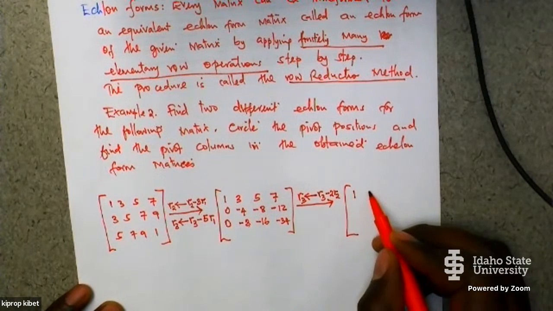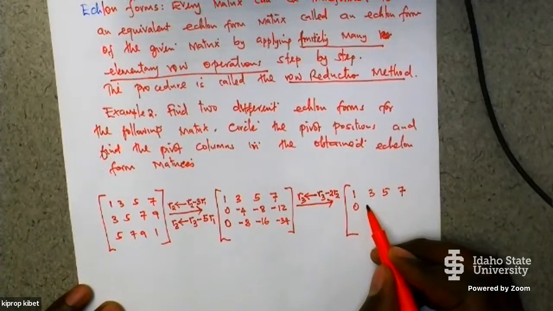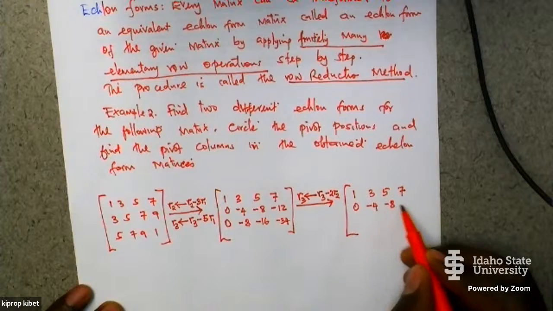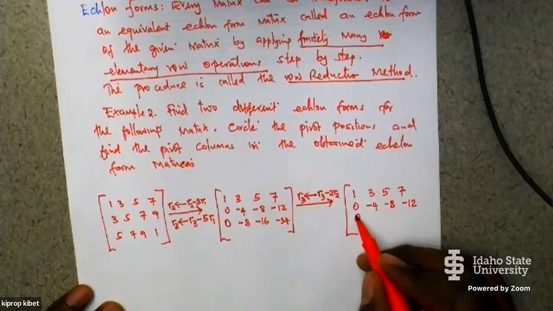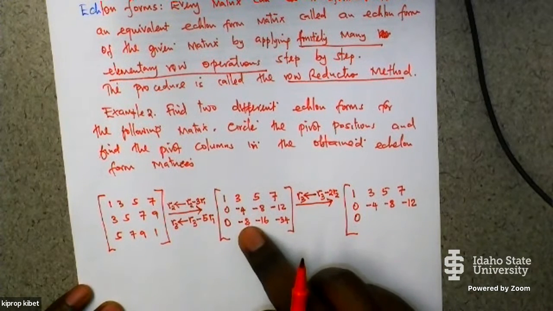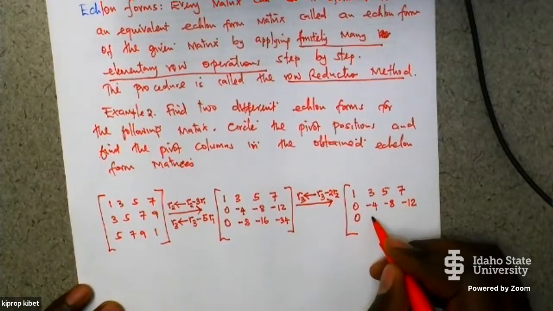The first one is still the same, and the second one is still the same. The new R3 will be 0; minus 8 minus 8 gives us 0.